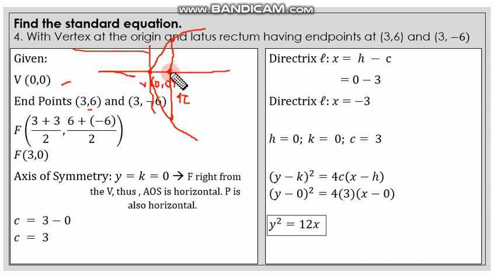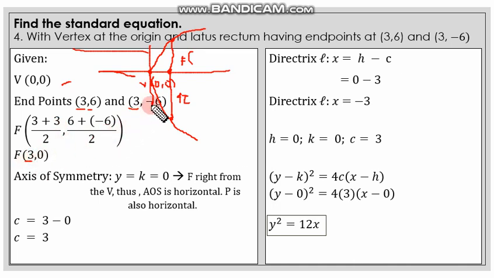So we can determine the focus of our parabola by just using the midpoint formula with the endpoints of the latus rectum, which are (3, 6) and (3, -6). You just add all the x and divide by 2: 3 plus 3 is 6, divided by 2 is 3.